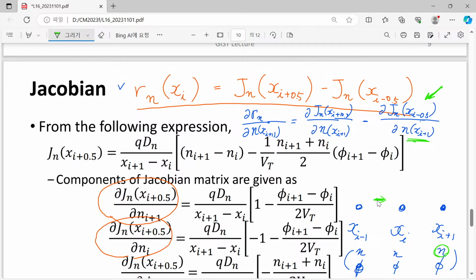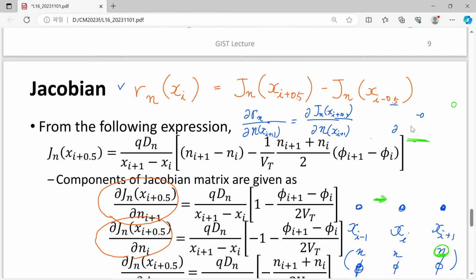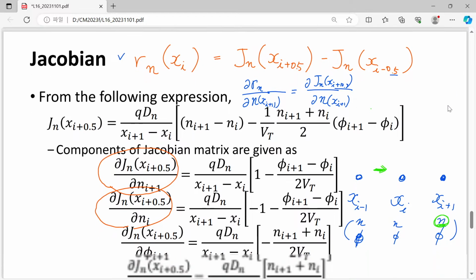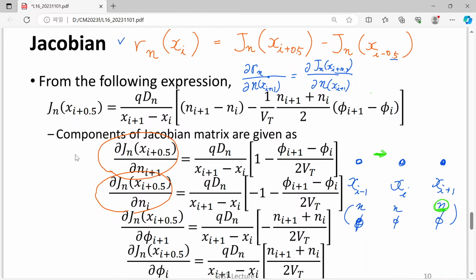This flux or this current density only depends on these 4 quantities, not this n density. So this second term goes away immediately. So now we must calculate only this quantity, the first term. Then now it's time to consider this one.